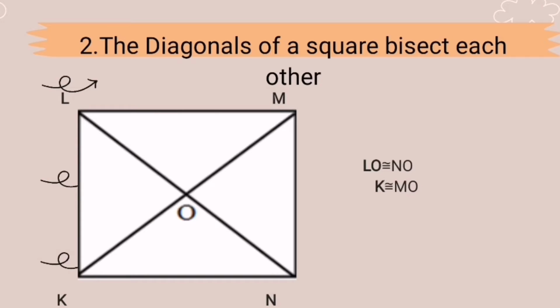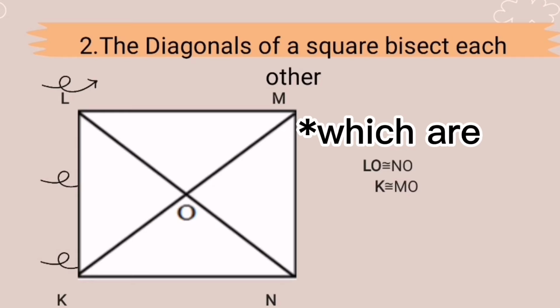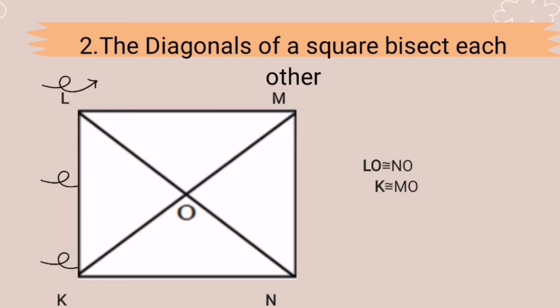So I have here an example. I have the square with vertices K, L, M, N. Then the diagonals are LN and KM, and the intersection point is O. So we have LO congruent to NO, and KO congruent to MO.